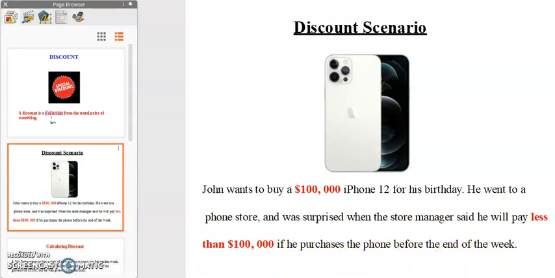Alright, so the price of the iPhone is $100,000, right? That's the price that's on the iPhone. But the store manager says to him, if he can buy the iPhone before the weekend, so the word less, right? He will pay less than 100,000.